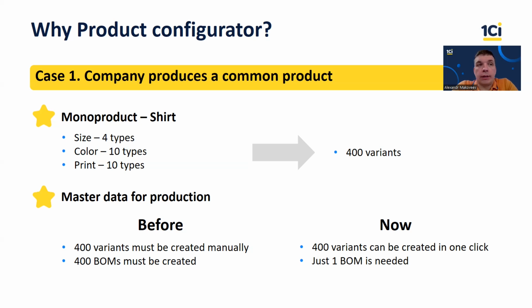So we got a new variant configurator that also works with numbers and dates, like date additional attributes, number additional attributes, and other additional attributes. Also in this example, the user had to create 400 BOMs because they were different.